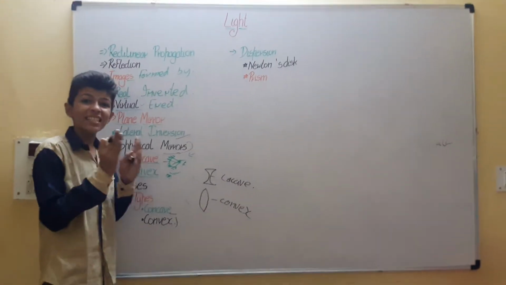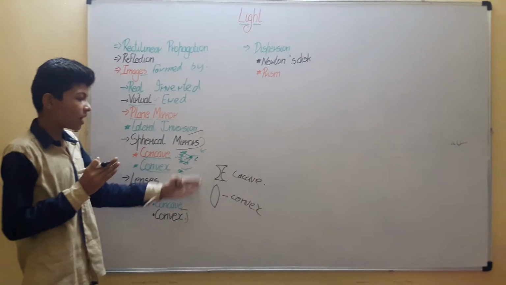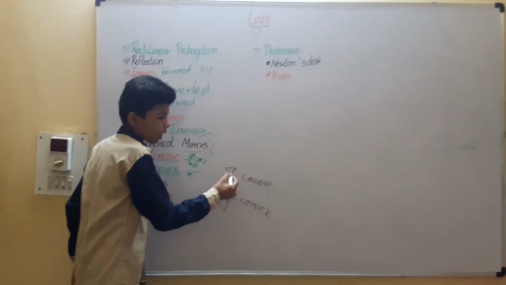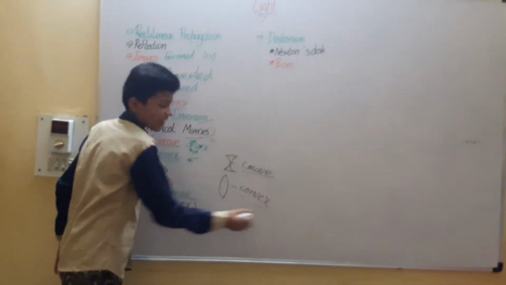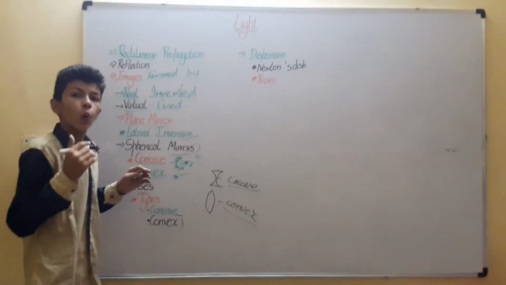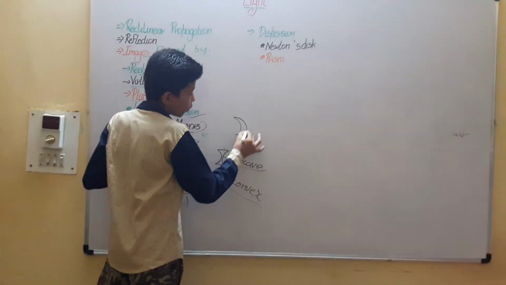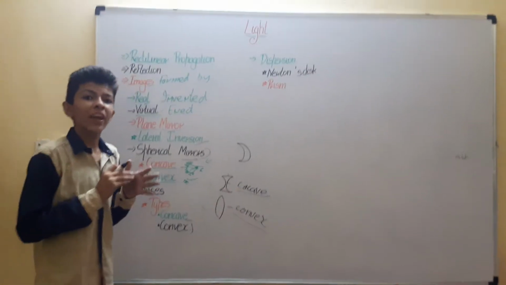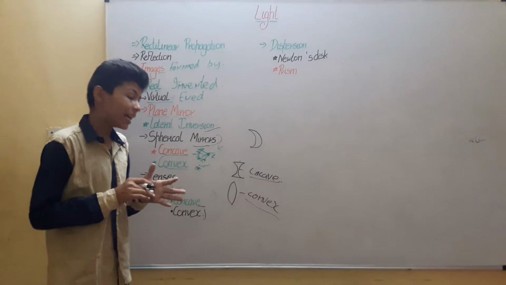If one side is straight in either lens, then it is called plano-concave or plano-convex. And when both sides are concave, it is called concavo-concave lens.